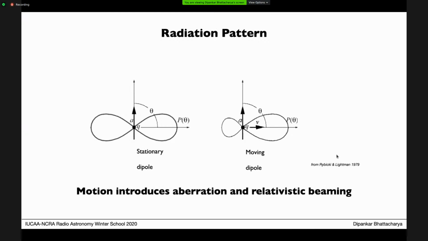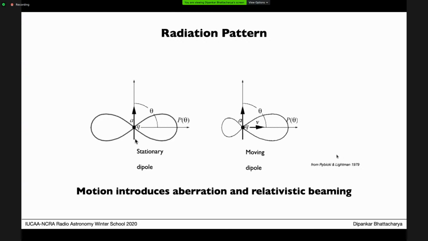The next thing that happens when we are in a moving frame with respect to the charge, or the charge is moving with respect to us, is that the pattern of radiation changes. Here I have shown the pattern of radiation of a charge which is moving up and down along this arrow. So it's like an oscillating charge along a line.